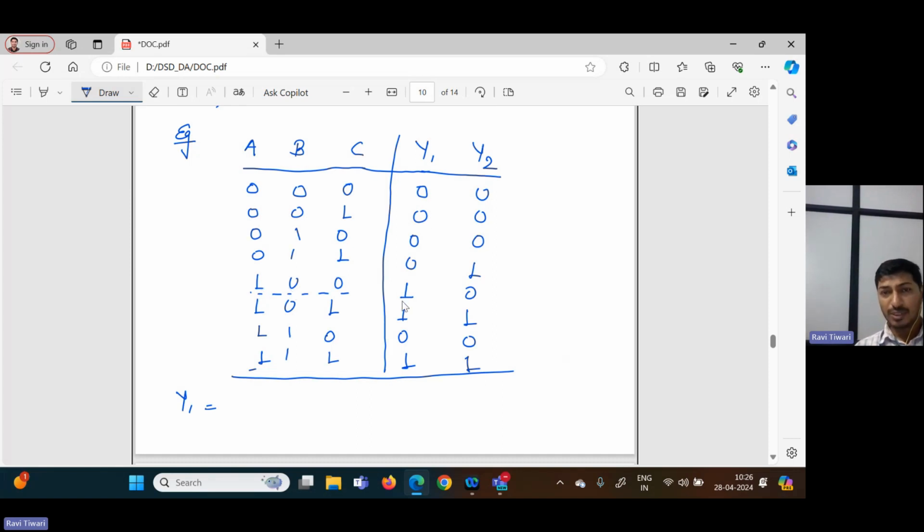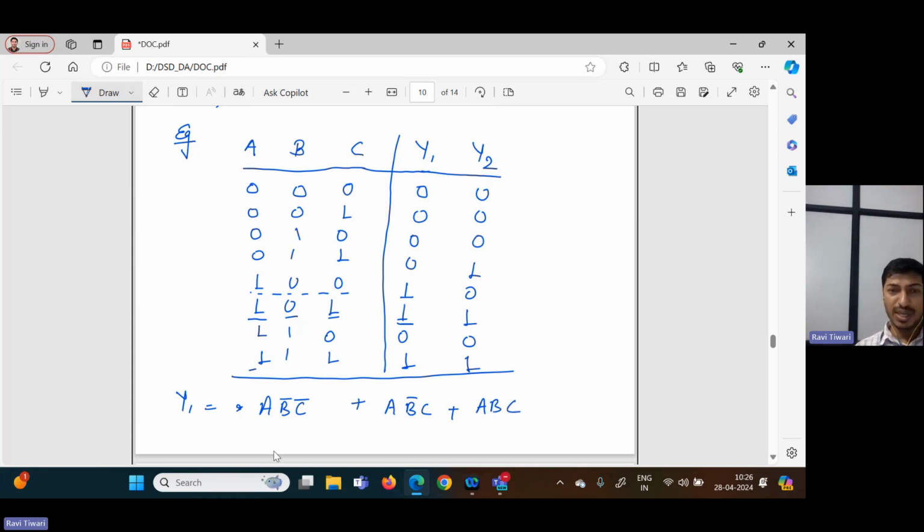So for Y1, I will write down A, B bar, C bar. Similarly, for the next combination where Y1 is 1, it is 1, 0, 1, that means A, B bar, C. Similarly, the last one is A, B, C.